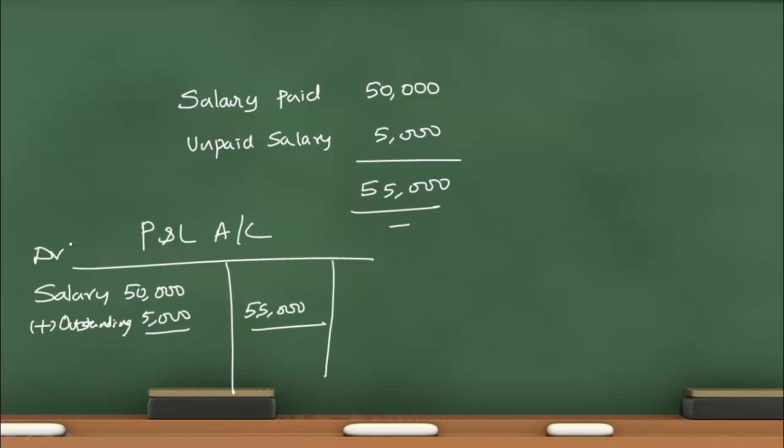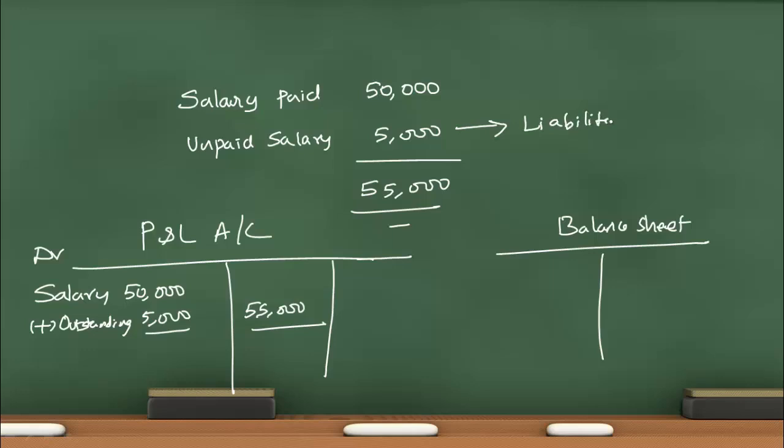The next question is, what is its effect on the balance sheet? In the balance sheet, see, what is the nature of this unpaid salary? It is an expense, but it is not paid. If it is not paid, what does it communicate? It is a liability. If it is unpaid, it has to be paid in future.